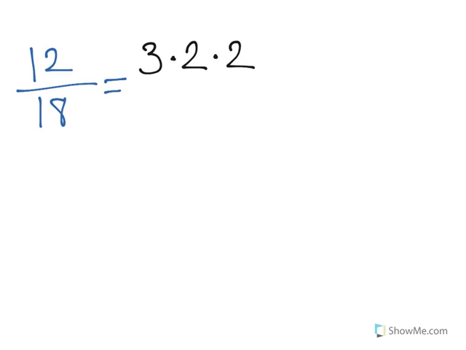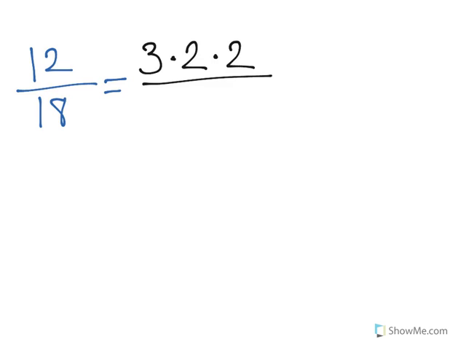So, for example, let's say that we had 12 over 18, and you were asked to simplify this fraction. So what you did is find the common factors of 12 and 18, cancel them out, and leave a simplified fraction. So in this case, for example, 12 can be factored into 3 times 2 times 2.